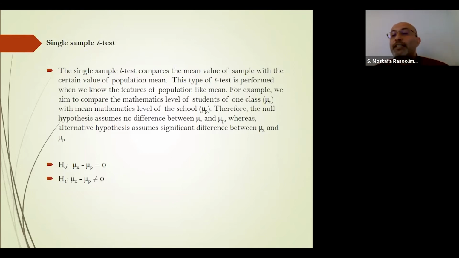And what about the alternative hypothesis? The alternative hypothesis is there is a significant difference between the math score of this class and the average of the school. So here you can see the null hypothesis is mu x minus mu p, where mu p is, for example, the average of the school, a specific value. So this is the first type of t-test, when we hypothesize a difference between our data set and a specific value.